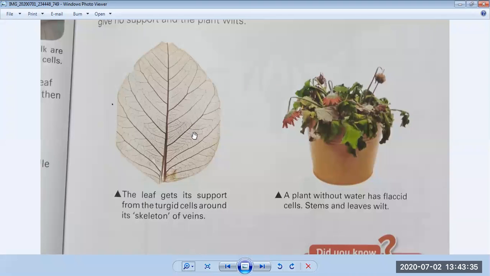Among these veins, you can also see there are many cells. All these cells are turgid because of plenty of water, so their shape is prominent. It means they have got the strength and the energy, so the shape of the leaf will be turgid, okay.